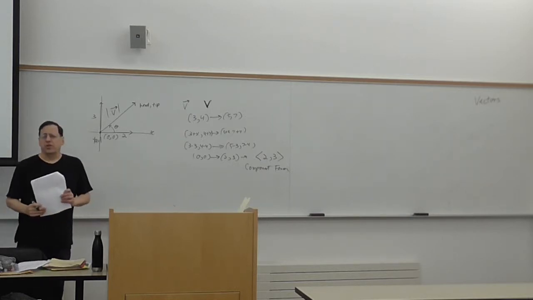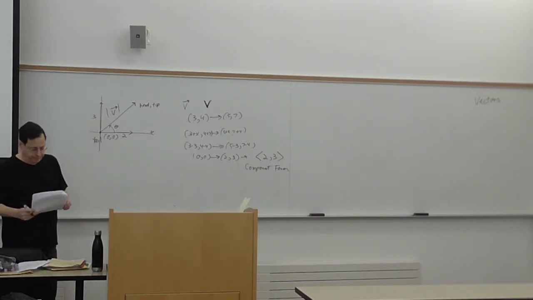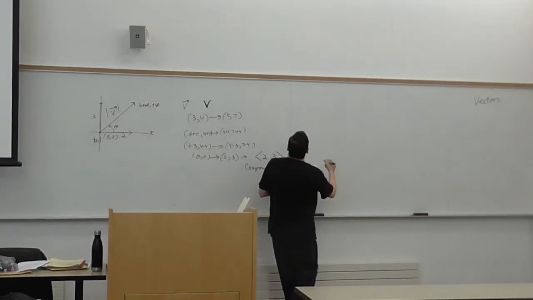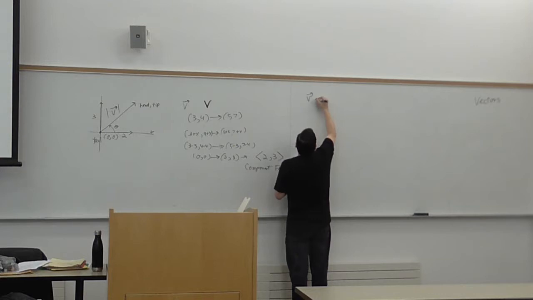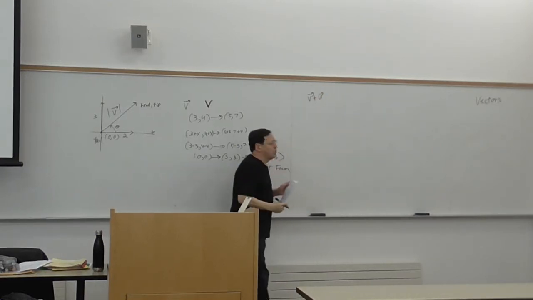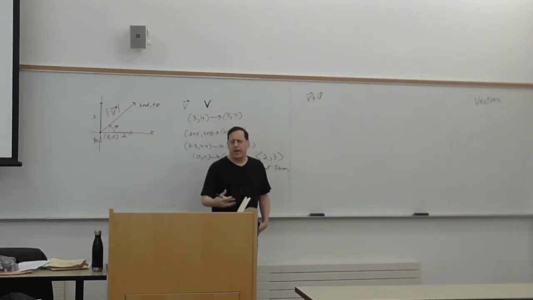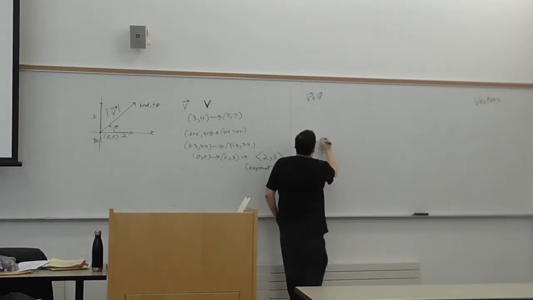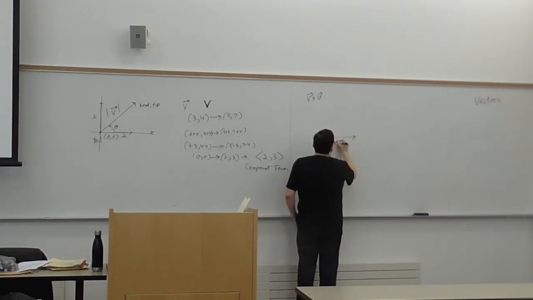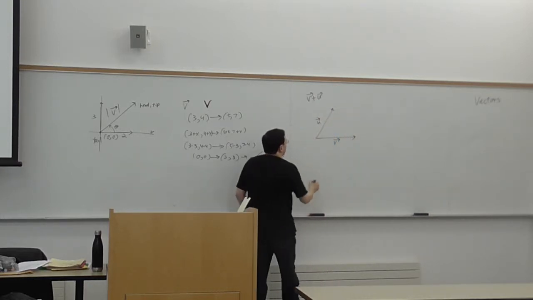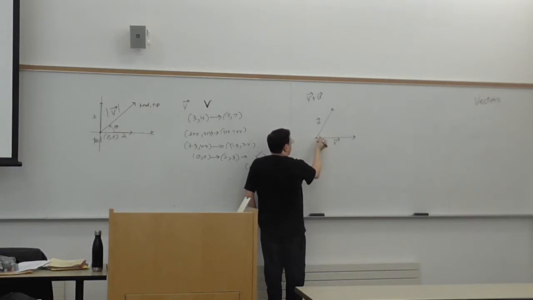I guess it'd be good to know what we mean by that. If I have two vectors, v and u, and I want to add them, here's what I mean graphically by adding them. If I start with my vector v, I have a vector u in a different direction. I can do this either way.